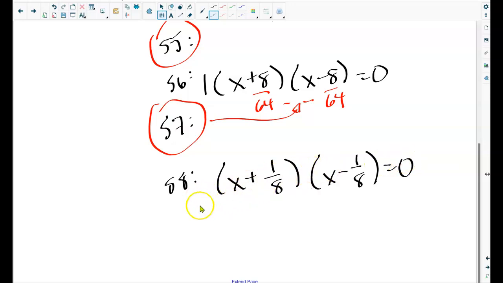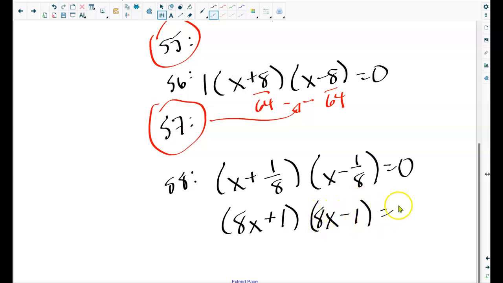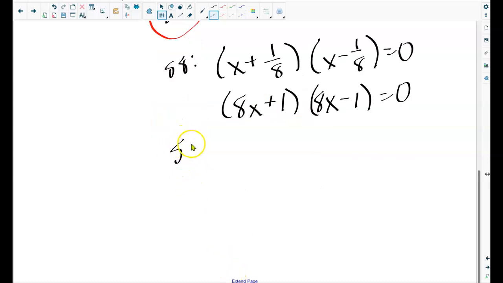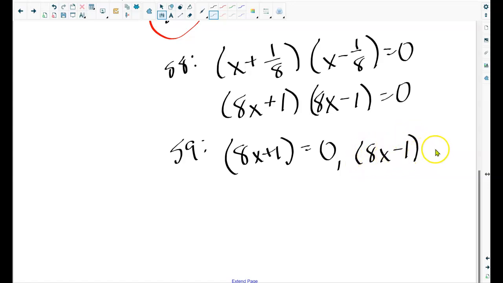Now it would look like we're done, but remember what we want to have. We don't want these fractions, so the number on the bottom comes over here as a coefficient, and same thing here. Algebraically it will work out the same if you solve here for step 9, setting it equal to 0.